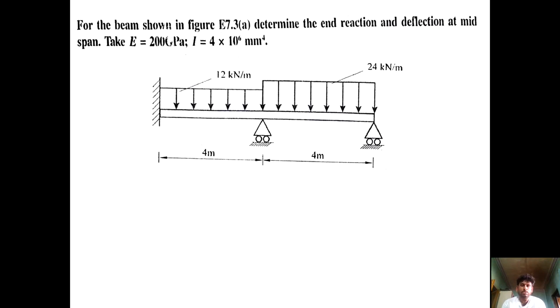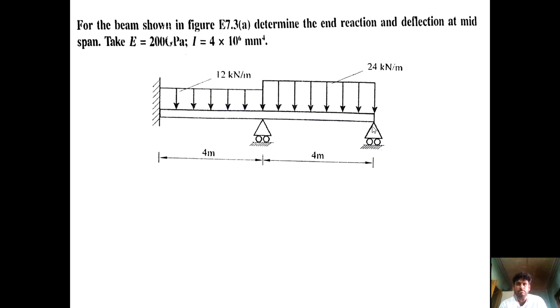At node 2 and node 3, the vertical deflections are completely restricted since rollers are provided, so V2 equals 0 and V3 equals 0.